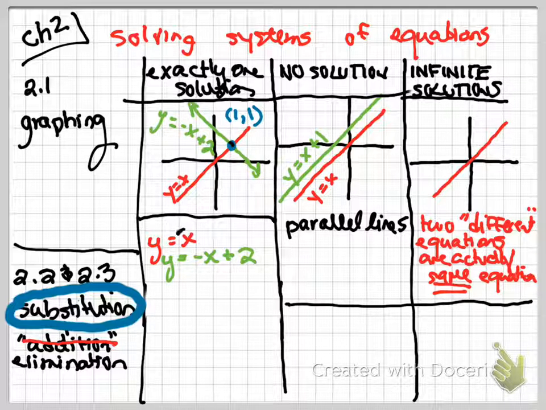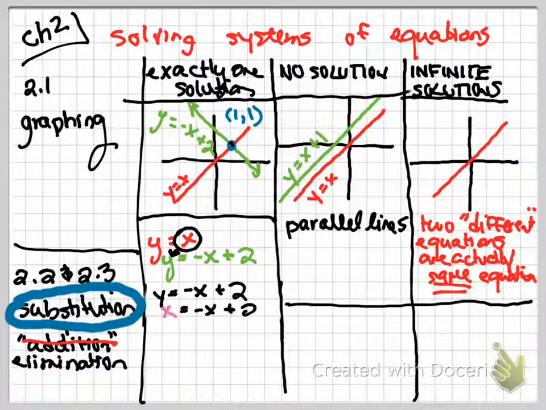That means anywhere I see y in the second equation, I am going to substitute the x into that equation. So y equals negative x plus 2 becomes x equals negative x plus 2, and now we only have the one variable, which is excellent. That's what we want.